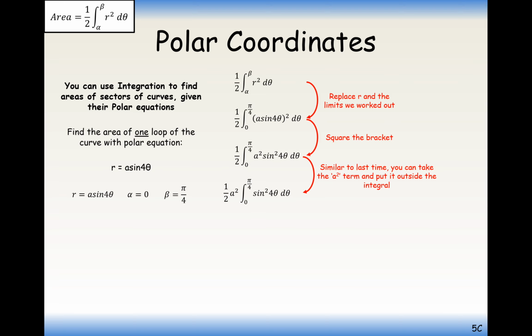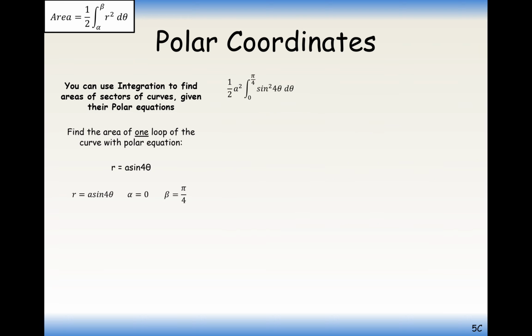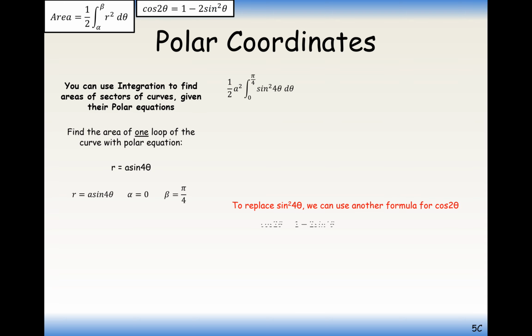Now, how are we going to integrate sine squared? Well, sine squared needs a cos double angle substitution as well. So cos 2 theta is equal to 1 minus 2 sine squared theta, but we want sine squared 4 theta, so we'll just rearrange, but then we'll replace theta with 4 theta.